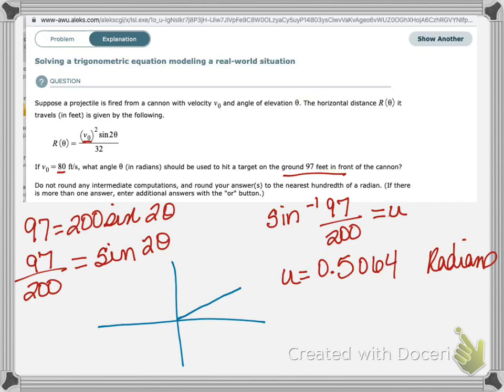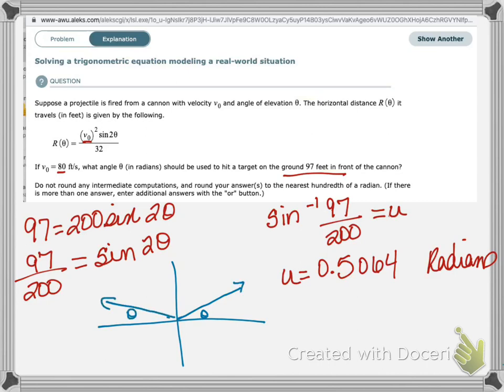Okay, that's what we're looking at, something about right there. Now, we also have to think about it from this perspective also. Okay, there we go. So we're looking at it from this perspective right here.